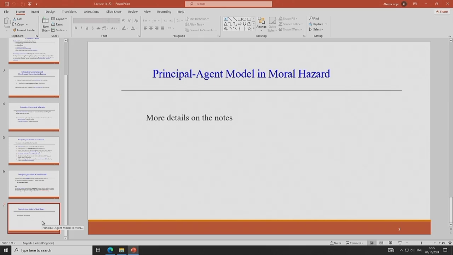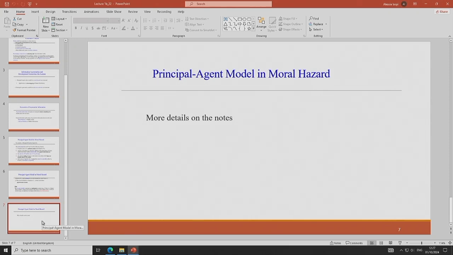I'll make an example. I want to hire one of you guys to come and paint my house, and if you do a very good job, I'm going to offer you £100. And then you can say, well, look, for £100, I'm not even going to get off my couch. So this is the £100.